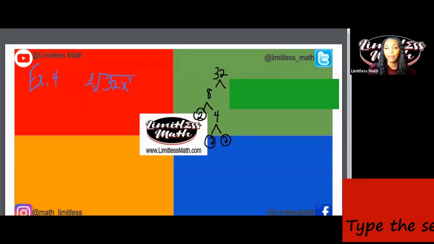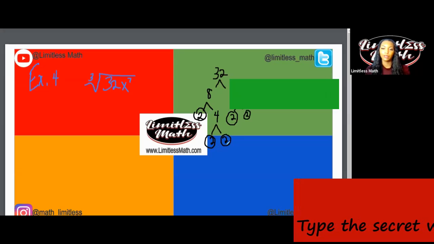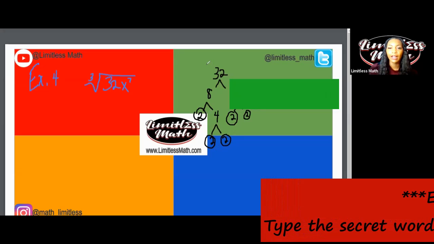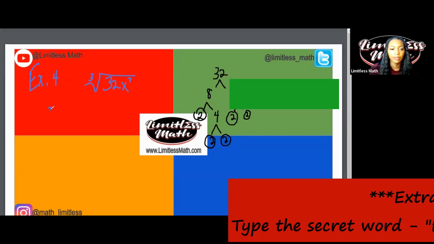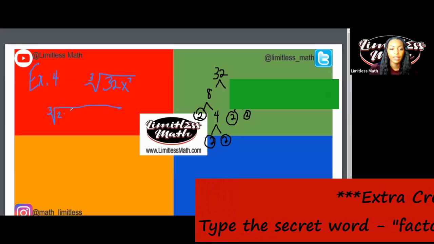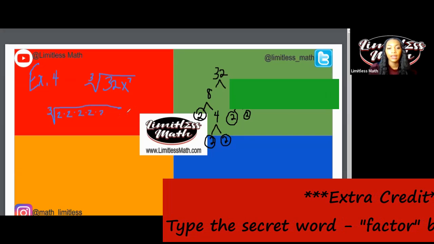So go back to this 4, break it down, 2 and 2. So I have 1, 2, 3, 4, 5 twos. That makes 32. So let's rewrite our radicand over here. So now we're taking the cube root of 2 times 2 times 2 times 2 times 2.